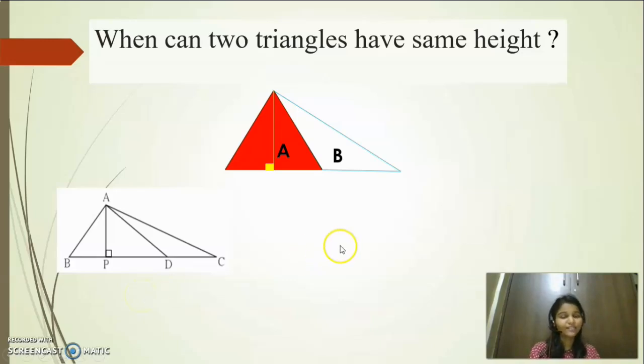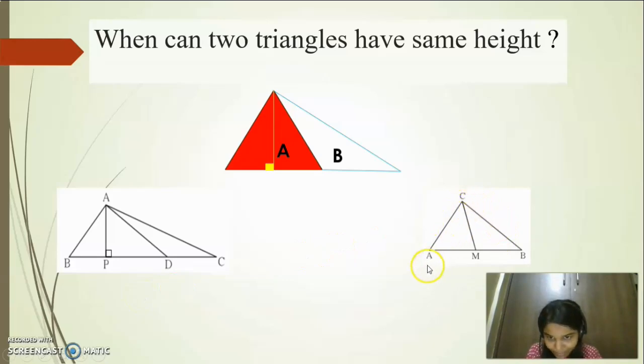Let us consider one more figure. Now, if you concentrate on this figure, how many triangles do you have? Three triangles, that is triangle CAM, triangle CMB, and triangle CAB. All these triangles are having a common vertex C and their bases are lying on the same line.